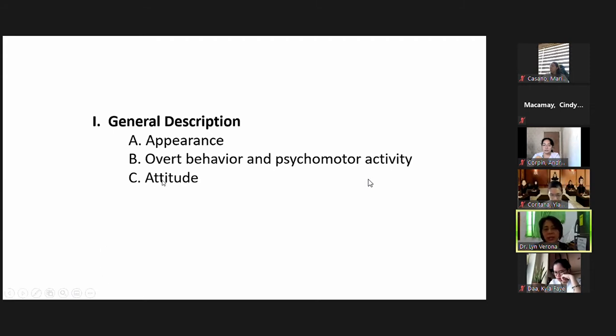Attitude is whether the patient is very cooperative with the clinician, easily irritated, or silent when asked. It is the attitude of the patient towards you, whether the patient is angry or mad at you whenever you ask them, even their names. That is attitude towards the clinician, towards you as a medical student when you go to the department. So these are the general description.